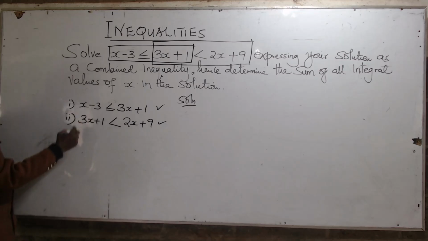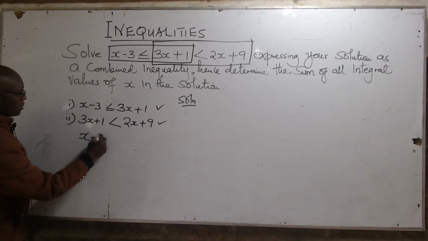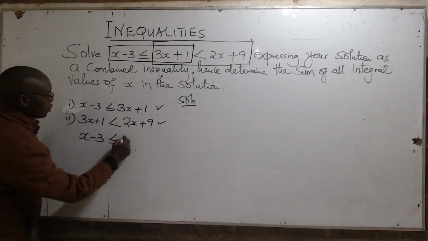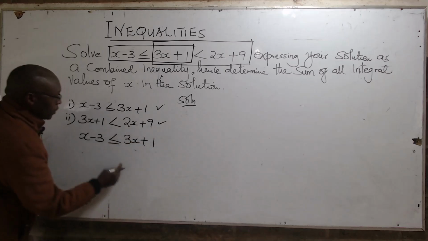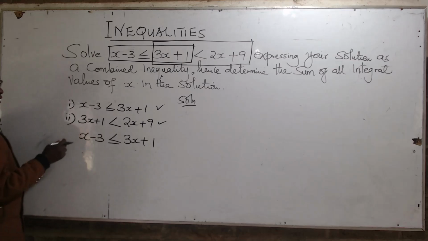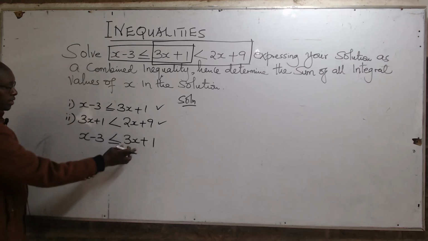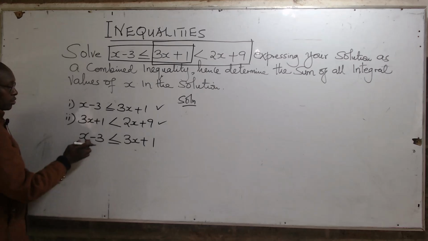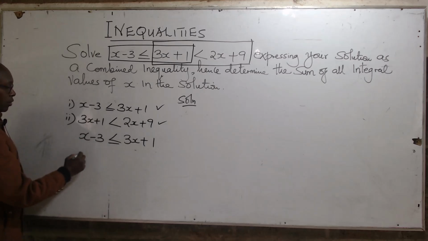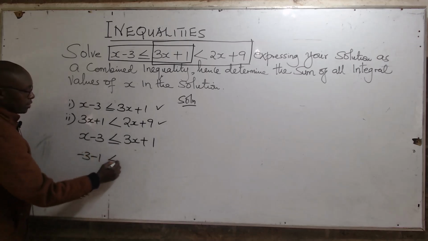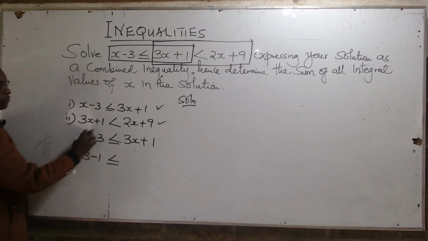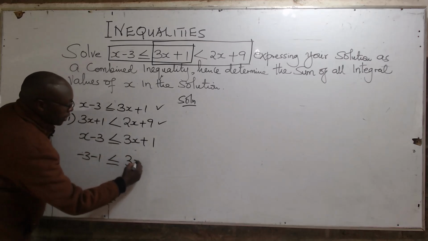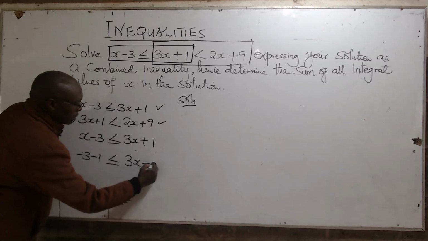We start with the first one: x minus 3 is less than or equal to 3x plus 1. You're solving for x. I'll take x to the right hand side and the constant term to this side. On this side I will have negative 3, so I'll bring 1 to this side, so that will be negative 1, less than or equal to 3x subtract x.